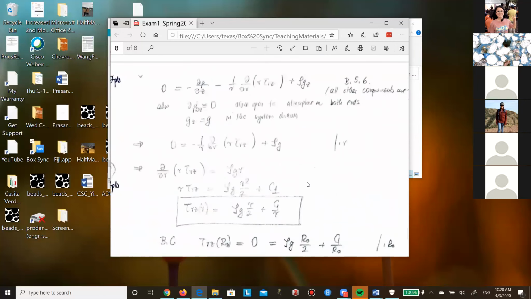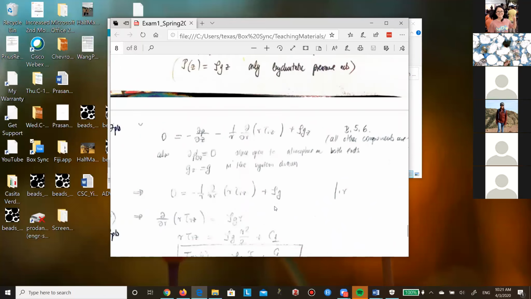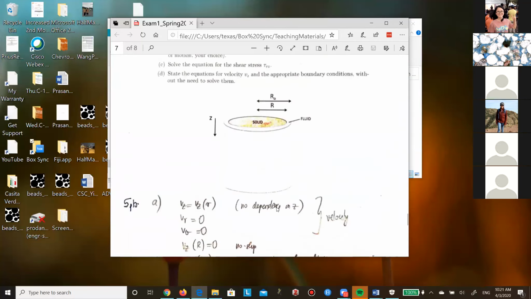Excellent. So then we can integrate this to get tau rz. One big difference from how we solved some of the problems in class is that here, this is my general tau rz, and it's divided by r. I cannot assume that C1 is 0. Why? Because the problematic radius equal to 0 is not in my domain.